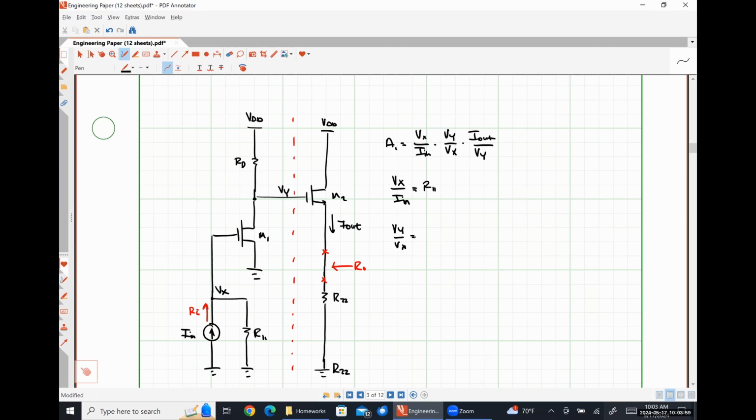What should Vy over Vx be? Let's say that channel length modulation, for the sake of argument, is neglected here. Common source amplifier, no degeneration.